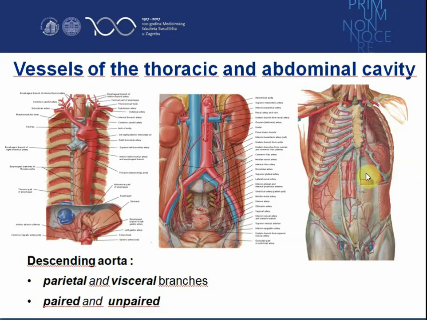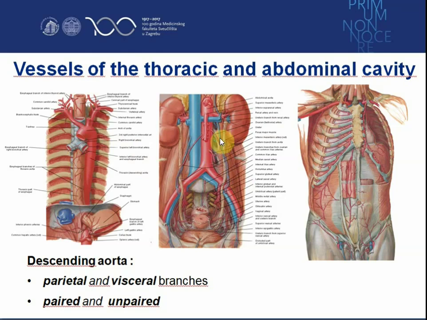Visceral branches supply organs, and they can be paired or unpaired depending on the organs they supply. So the thoracic aorta gives the bronchial and esophageal branches, and the abdominal aorta gives three large unpaired branches for all digestive system organs, which are the celiac trunk, the superior mesenteric, and the inferior mesenteric artery.